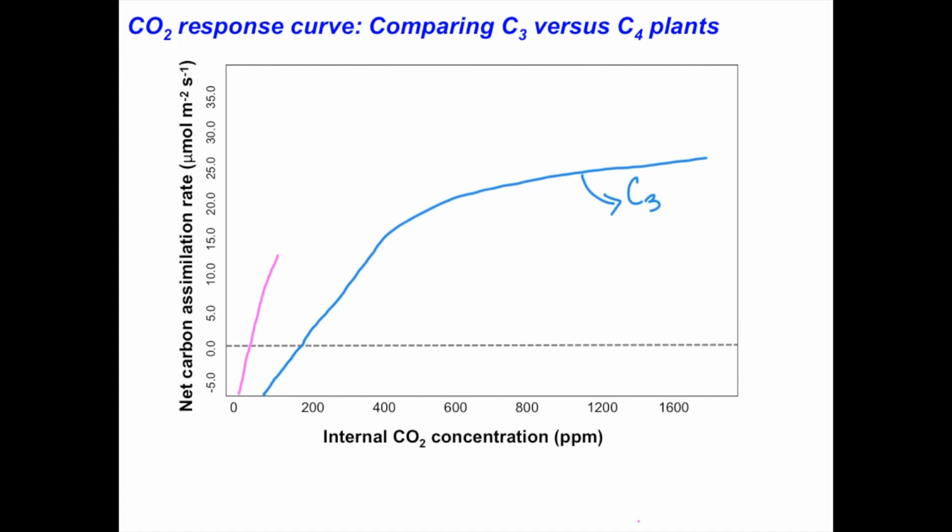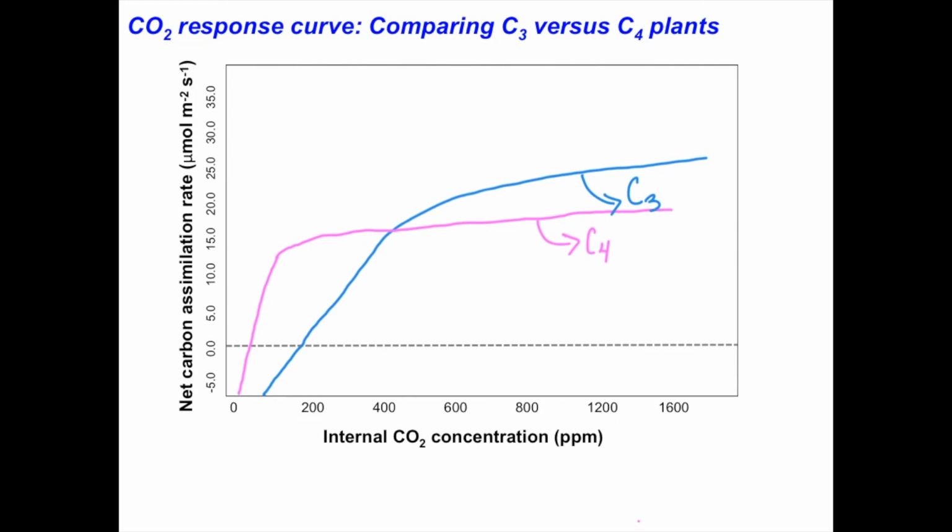But I guess the trade-off here is that because it's already really efficient, it's not going to benefit that much more from increases in CO2 concentration. So it'll start to level off, and it might not achieve as high of a maximum photosynthetic rate because it's already really great at concentrating the CO2 levels in the bundle sheath cells.